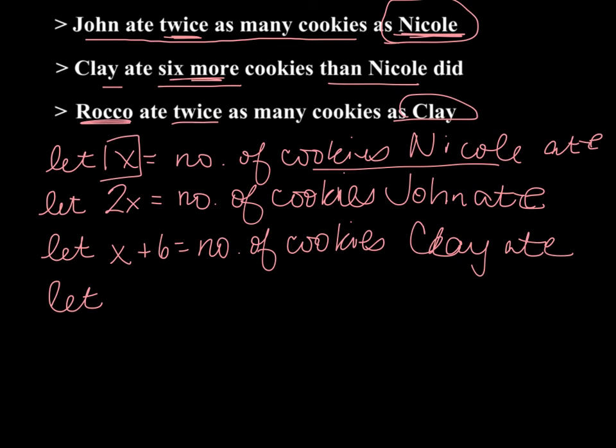So Rocco ate twice as many cookies as Clay. So we need to go back and see how many Clay ate. Here it is right here. The reason we have our let statements is because this tells us that this one's about Clay. Clay ate x plus 6. Now I know I'm going to be multiplying that times 2 because it's twice. Now I need to think about what happens first. Well, Clay's happens first, so therefore this has to go in parentheses.